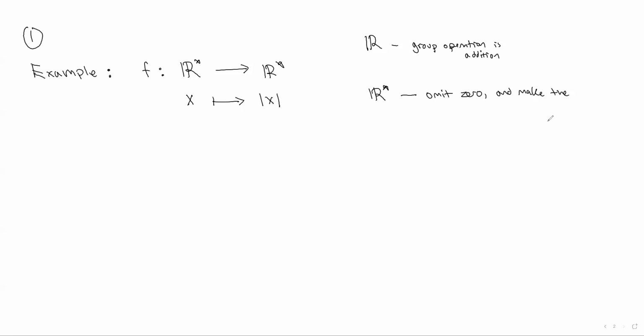So you have to omit 0, right? Because 0 doesn't have an inverse under multiplication. And multiplication. This is a homomorphism.